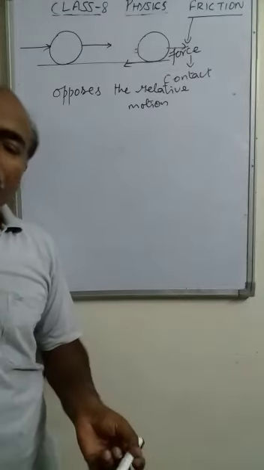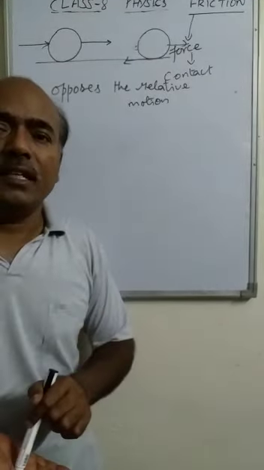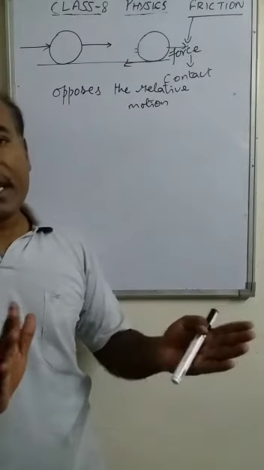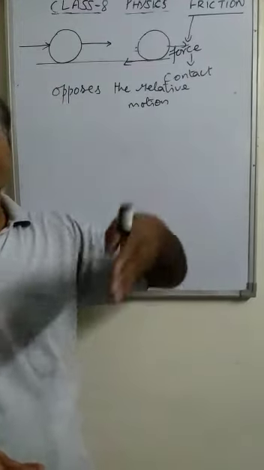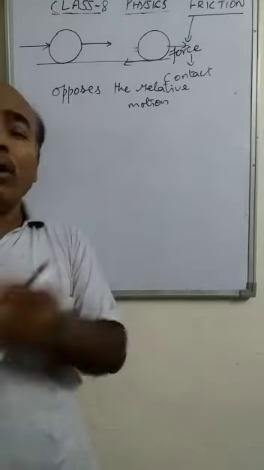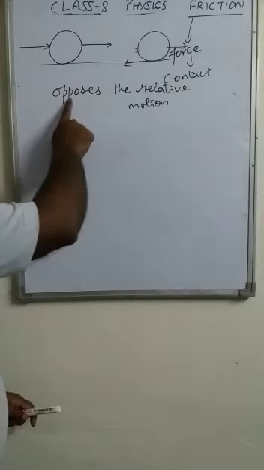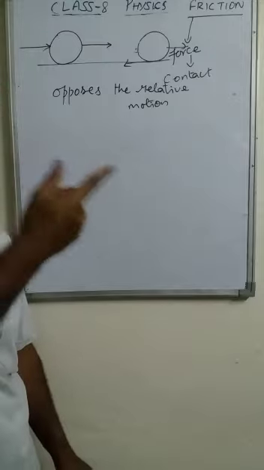Then friction exists between all surfaces, which means it acts between solids, liquids, and also gases. That is all states of matter. Between all states of matter, friction exists. And the role of friction is to oppose the relative motion of one surface on the other.